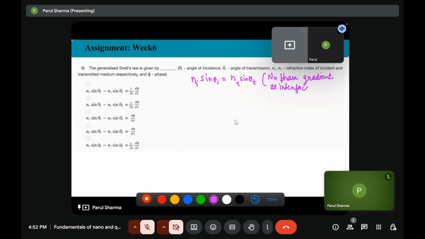Now we want to find the generalized Snell's law where we have some phase gradient at the interface.